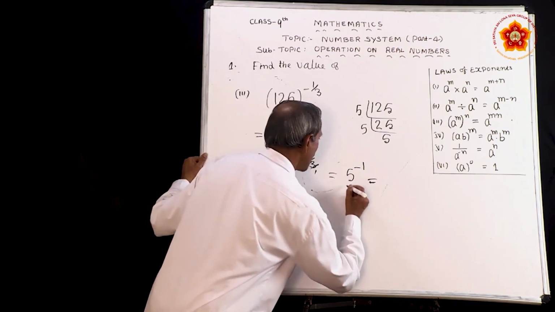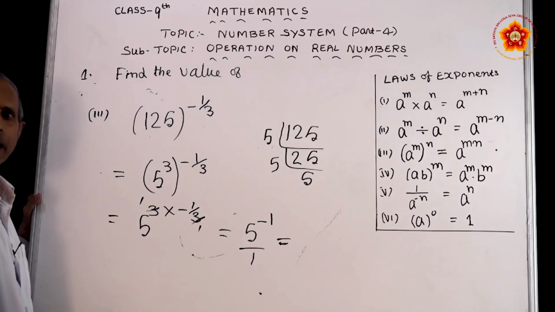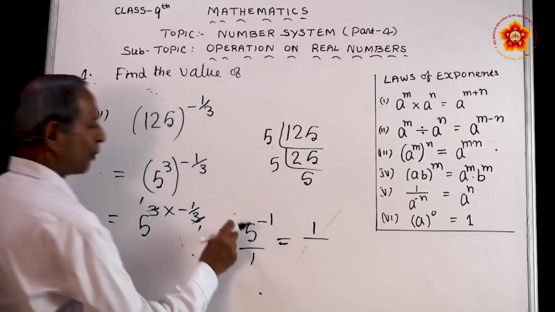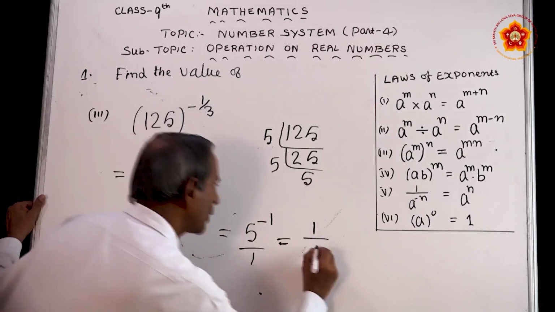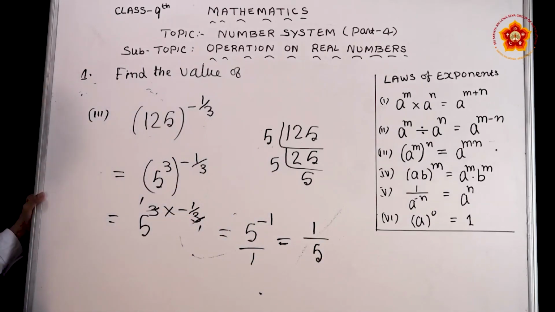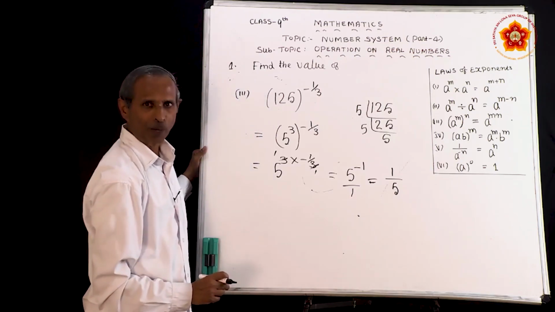So interchange the numerator and denominator, then the sign will change. Therefore, 1 goes to the numerator and 5 to the power of minus 1, when it goes to the denominator, its sign becomes positive. 5 to the power of 1 is nothing but 5. Therefore, the final answer is 1 upon 5, the solution for this problem.